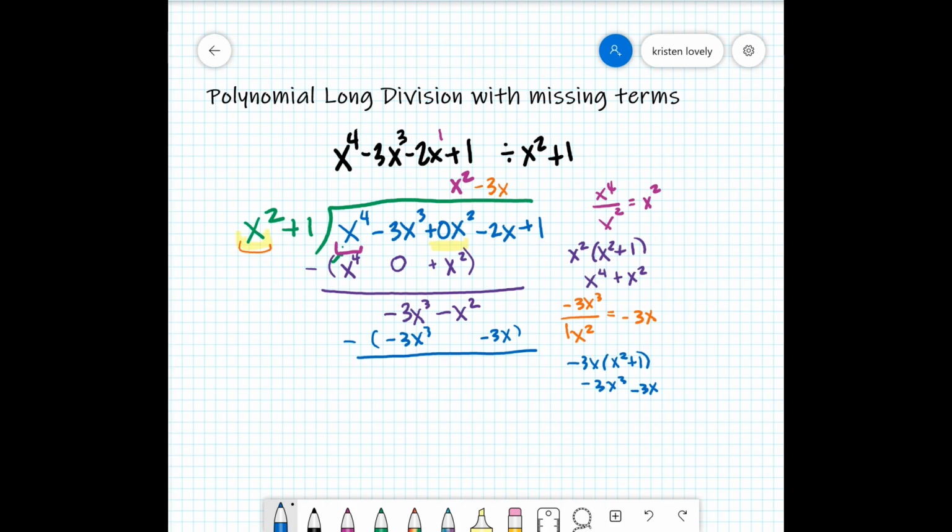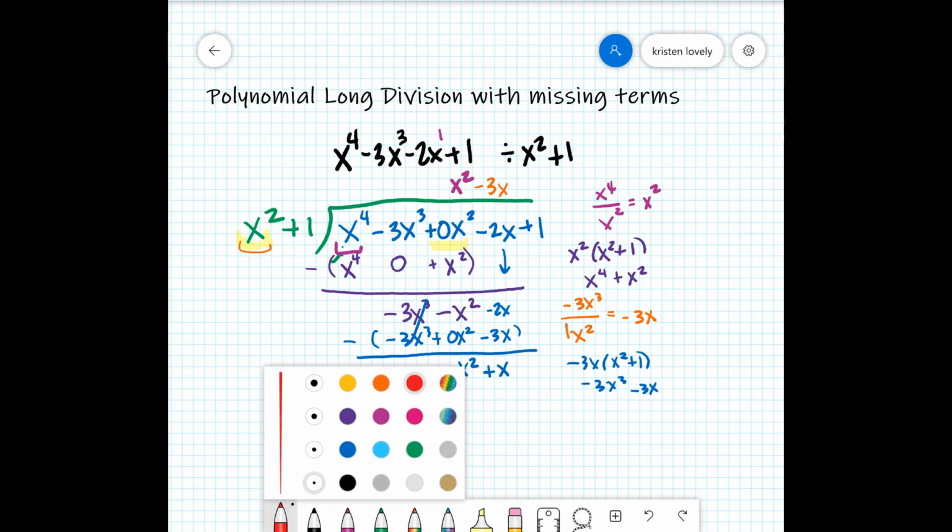So negative 3 minus a negative is plus 3x cubed. Again, that's going to cancel out. There's really 0x squared. So negative 1 minus 0 is just negative x squared. I bring down, and notice, since I had my x to the first power, I needed to bring this term down. So negative 2 minus a negative is a plus. Negative 2 plus 3 is positive x.